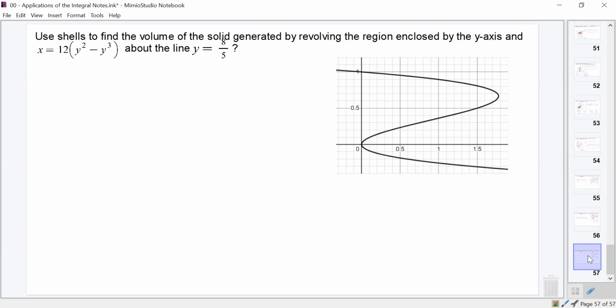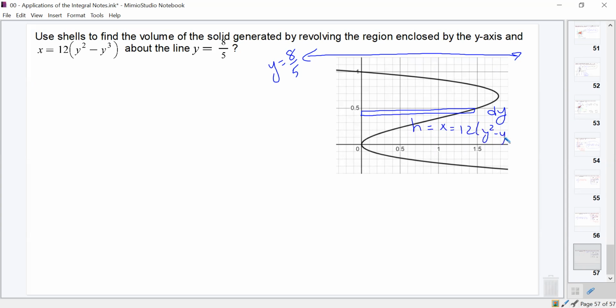And suppose we wanted to go around the line y equals 8/5 up here. Our integral should remain almost identical. Again, this rectangle that we sketch in here is still dy. Our height is still the same. But our radius now is 8/5 minus this y value.